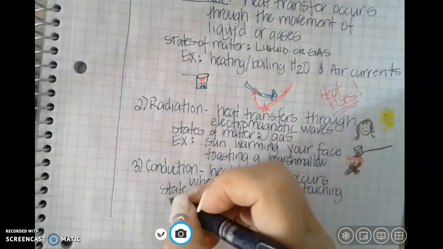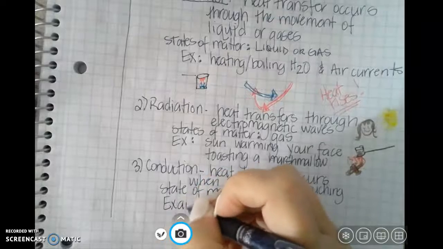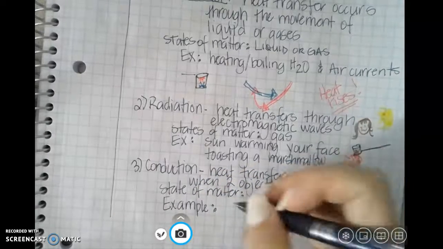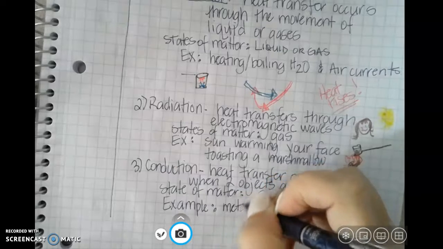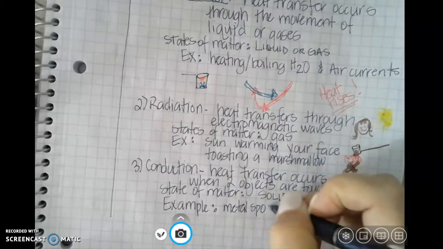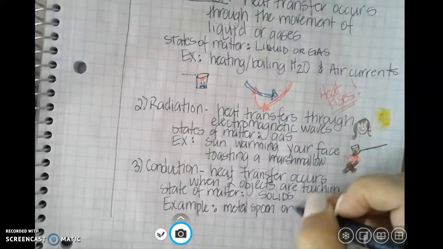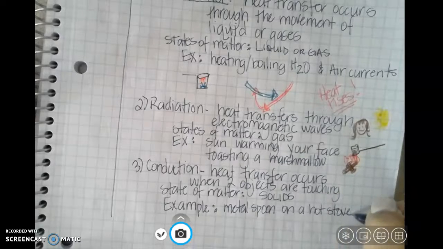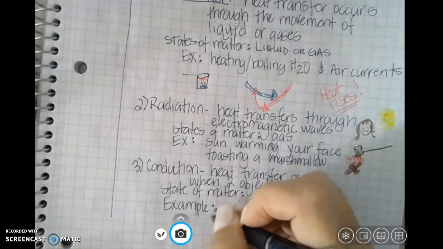So for example, you could have a pot on the stove and the metal spoon is in the pot. And you go to touch the spoon after it's been sitting there and it's really hot.